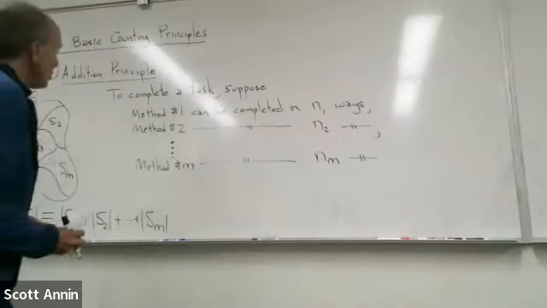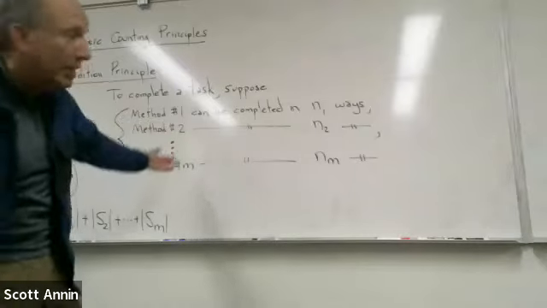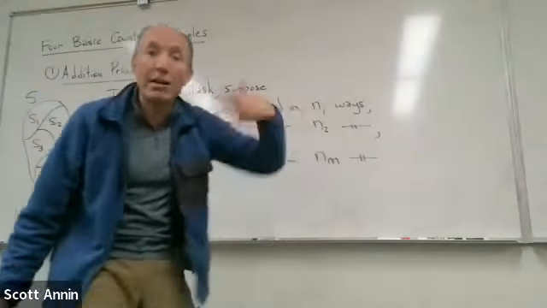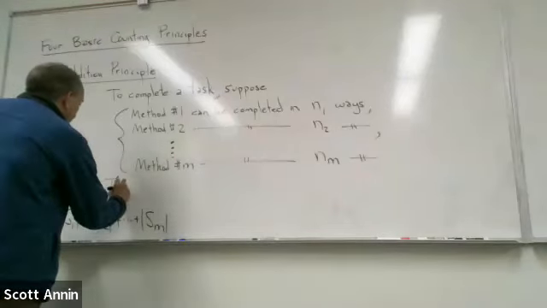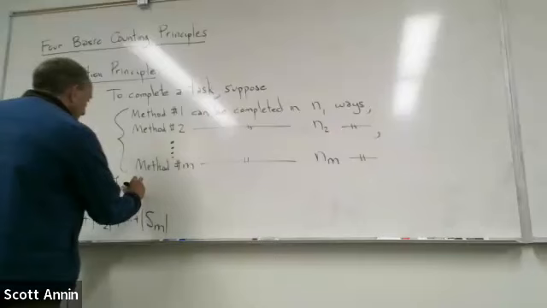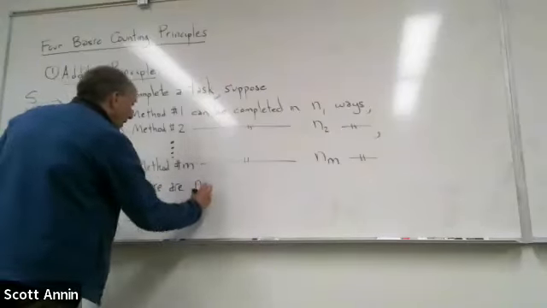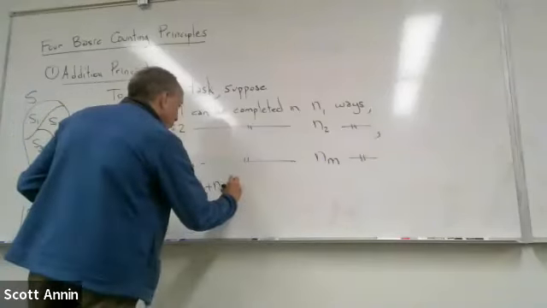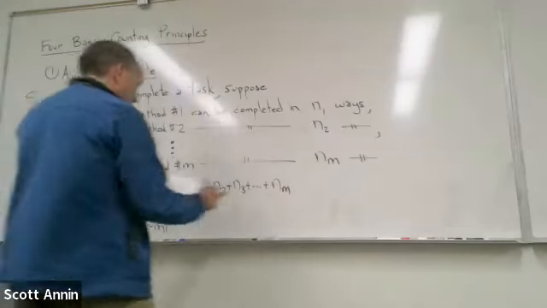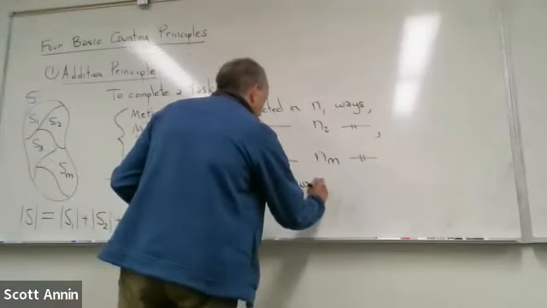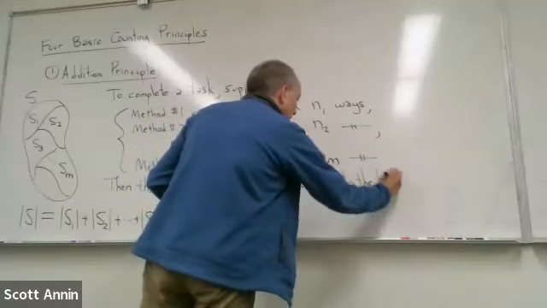So then what the addition principle says is that if we have several methods to choose from, and we know how many ways we could carry out each of those methods individually, then the punchline of this addition principle is that there are N1 plus N2 plus N3 and so on up to NM ways to do the task.